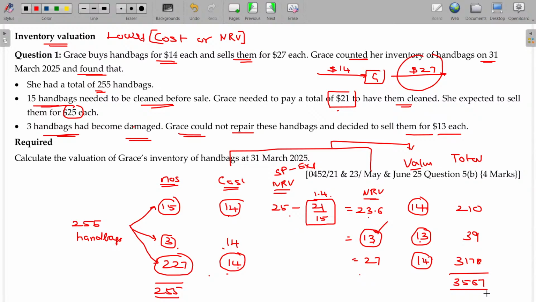Once again, 227 into... not 227, I think there's an error here. 255 minus 15 minus 3, I think. Okay, this is 237. 237 is multiplied with 14, then the final value being 3318. Total being 210 plus 39, 3567. Okay.